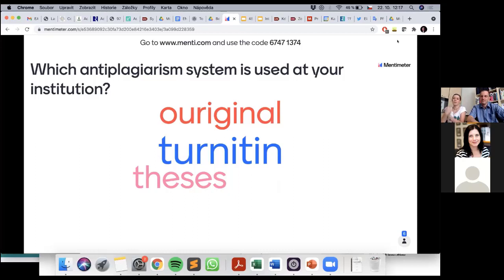And maybe if there is someone who doesn't know the text matching software at your university, you can write it there as well, so we know that it's okay to not know if your university is using something.